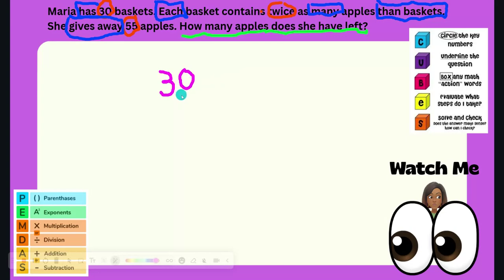So she has 30 baskets, but each basket contains twice as many, times 2. And then she's going to give away 55. So I'm going to take away, which is subtraction, 55.